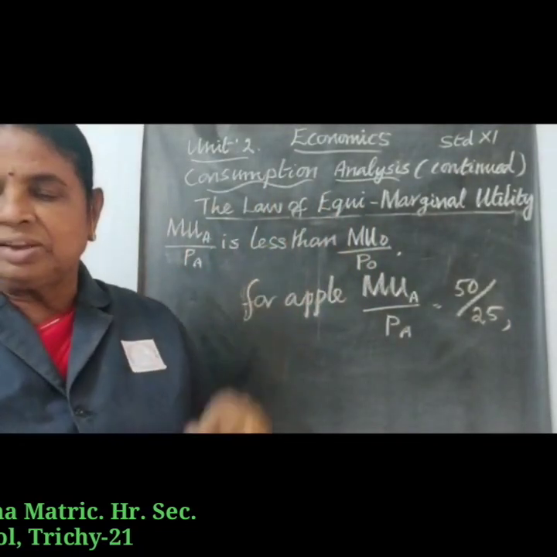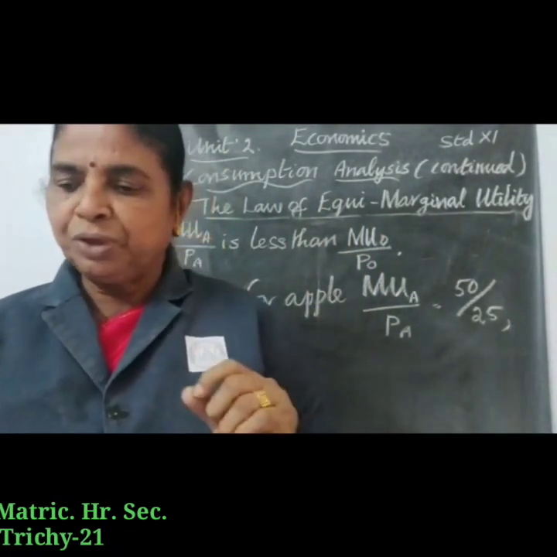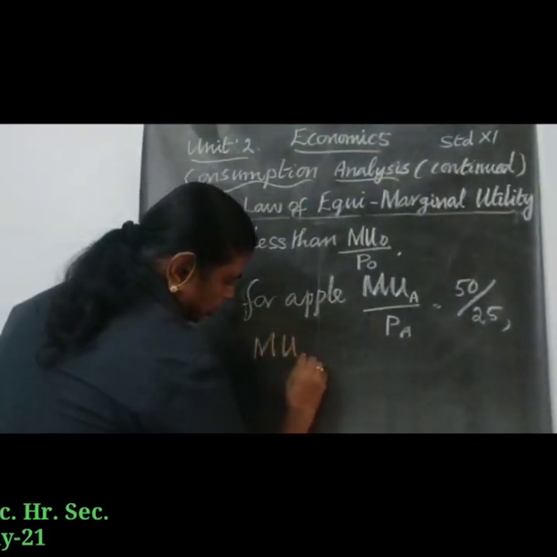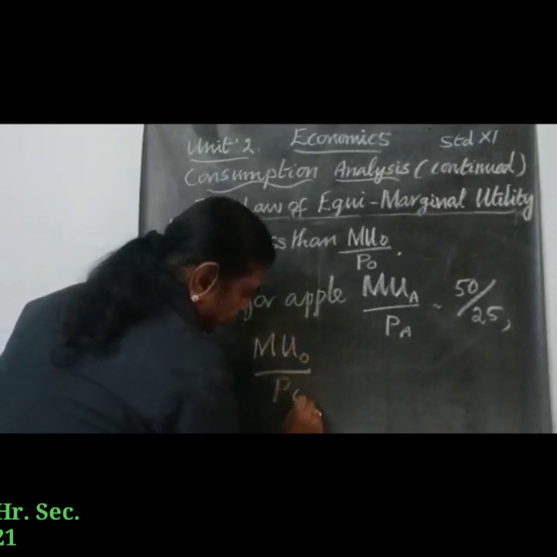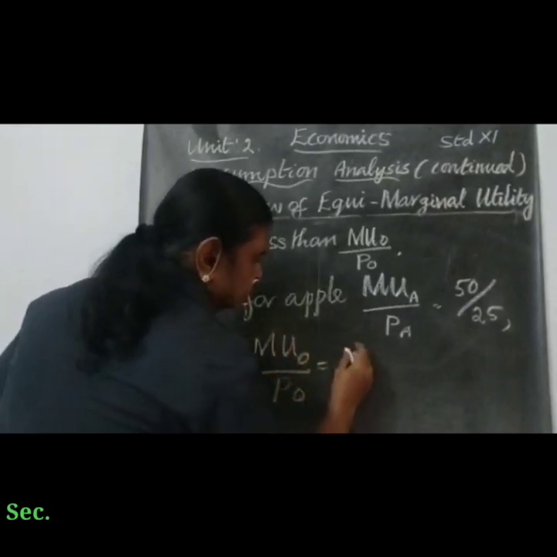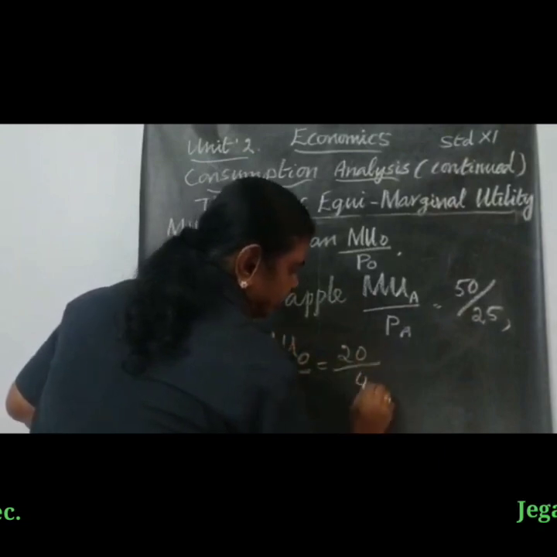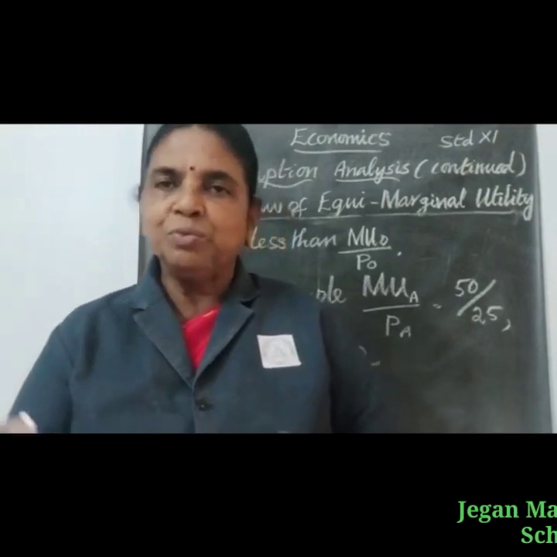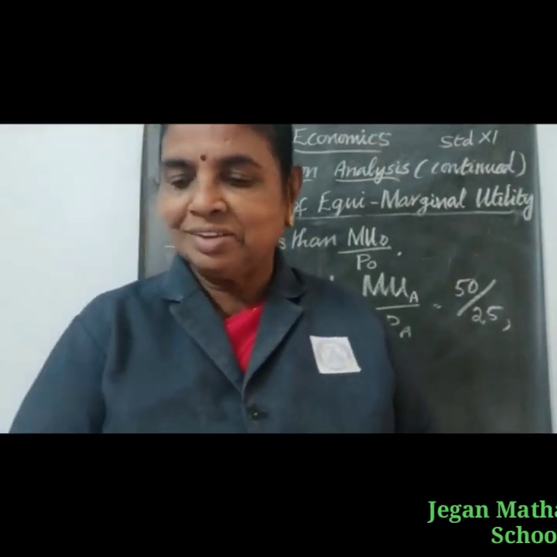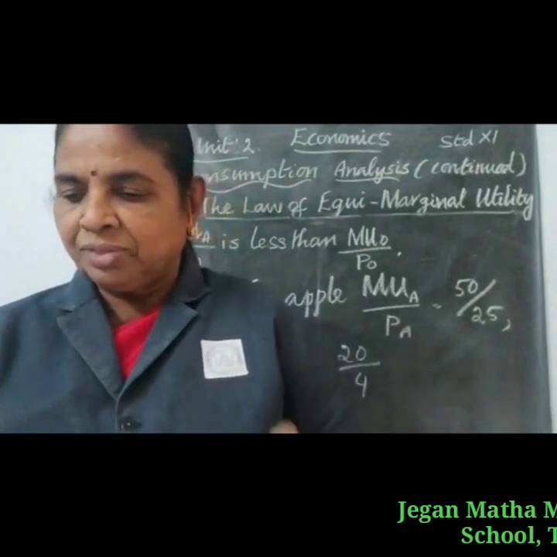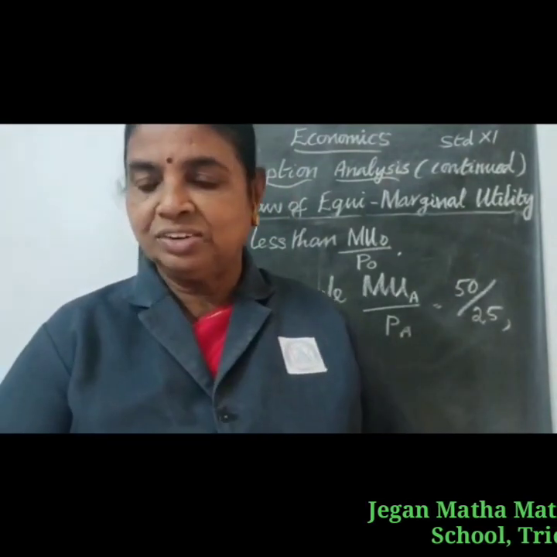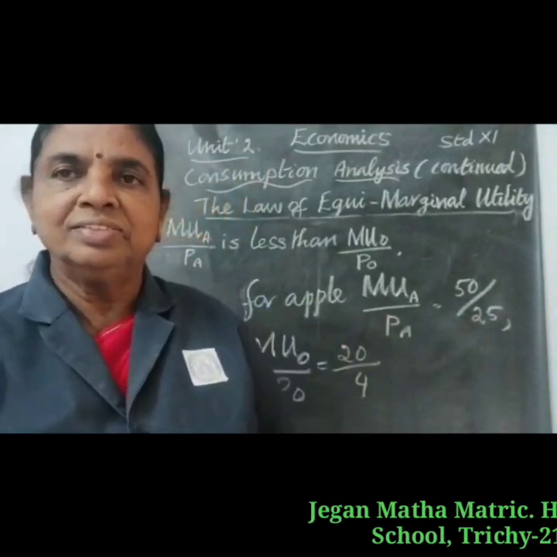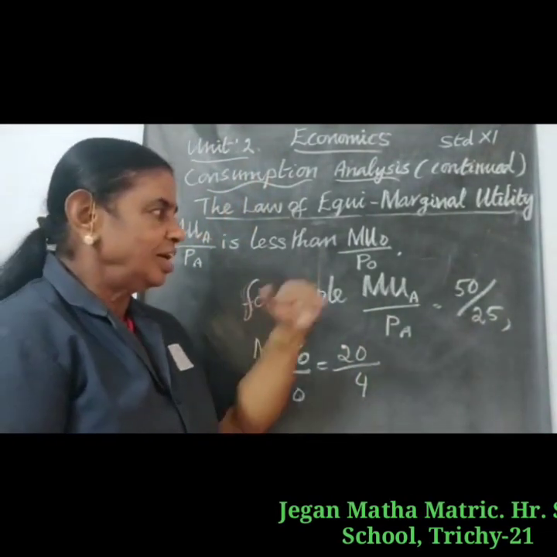And MU O divided by PO is equal to 20 divided by 4. Then the consumer would spend more money on orange rather than apple. That means in this situation, spending more money on orange is wiser than spending more money on apple.